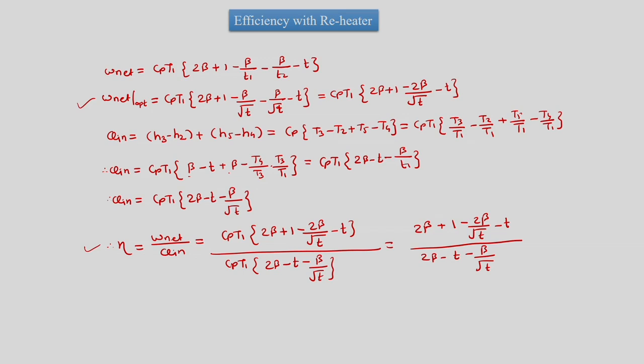Or since we want to express them as pressure ratios, we can plot them as C, since we have said that T is equal to T2 by T1, which is Rp raised to gamma minus 1 upon gamma, and that is C for us.